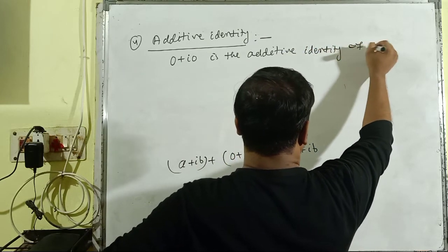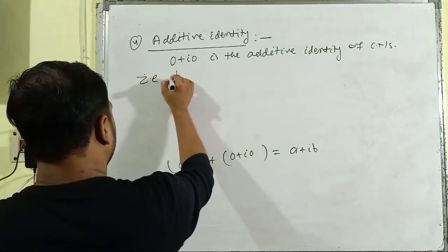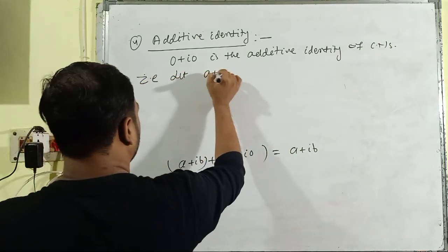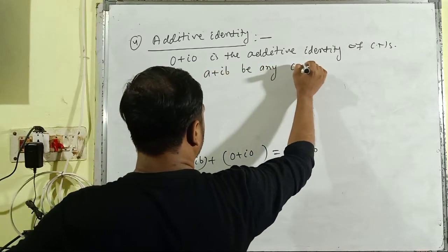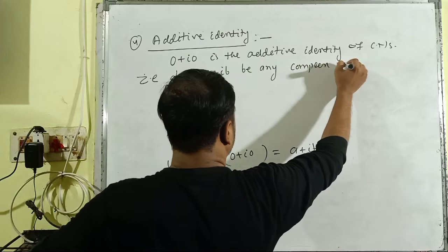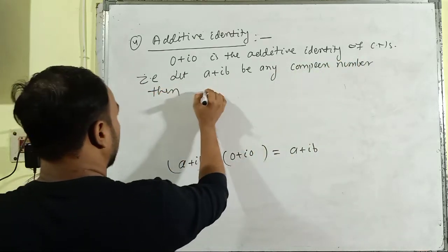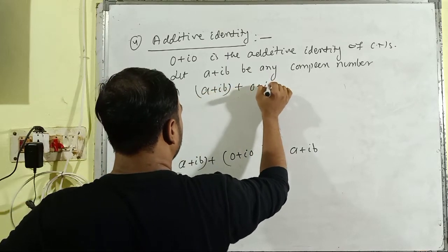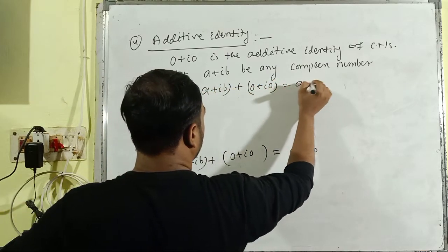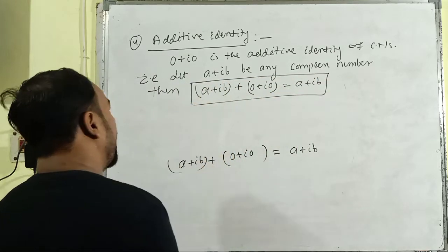of complex numbers. That is, let a plus ib be any complex number, then a plus ib plus 0 plus I0 is equal to a plus ib. So this is the fundamental behind the additive identity.